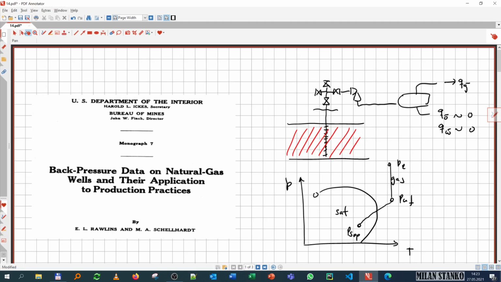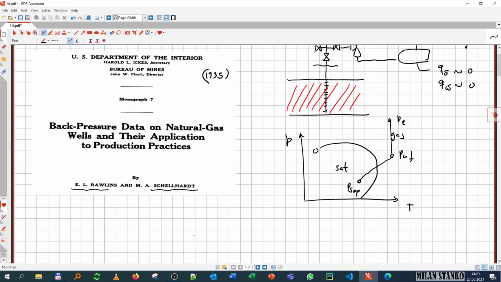One of the earliest works was published in 1935, which is quite early, by the US Bureau of Mines. The two main people on this work were Rollins and Shellhart, and they published the findings that established what could be observed as a dry gas IPR or a gas IPR.